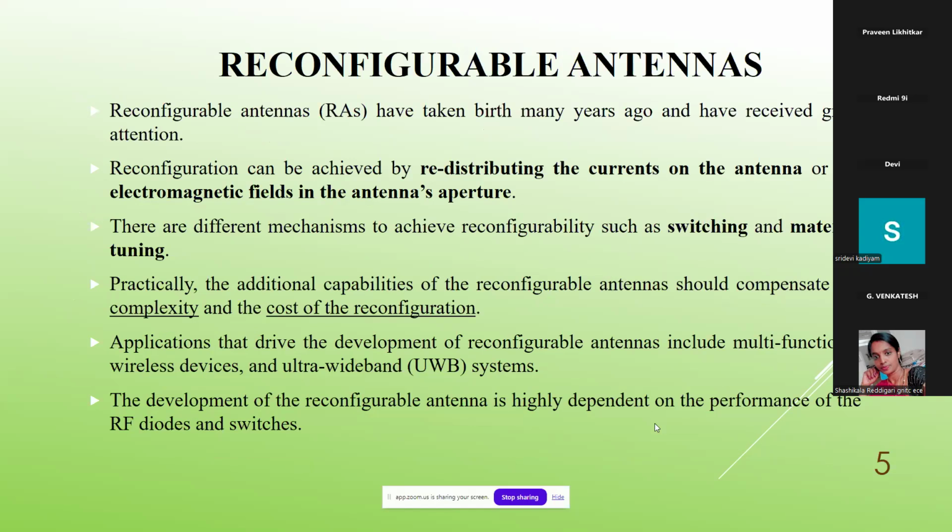These antennas were born many years ago and have received great attention. This can be achieved by redistributing the currents on the antenna or electromagnetic fields in the antenna's aperture. This is the technique. There are different mechanisms to achieve reconfigurability, such as switching and material tuning.